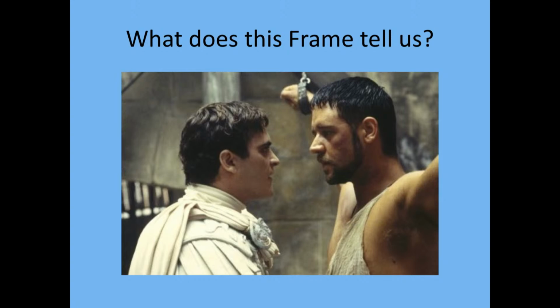Spoiler alert, if you don't want to hear what's about to happen, cover your ears for the next 15 seconds. I'll give you time. Okay, for all those still listening, he is actually about to be sacrificed for the people, just like Christ was, and so this is a direct correlation in symbolism with him being bound like he is about to be bound on the cross. Kind of neat.